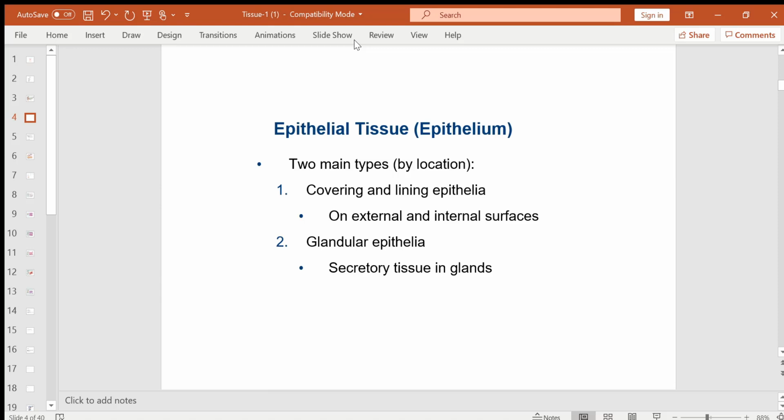so we'll talk about the epithelial tissue first. How do we classify the epithelial tissue? We classify the epithelial tissue in two ways.